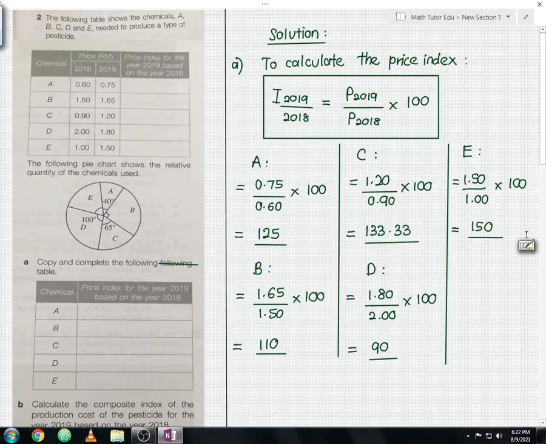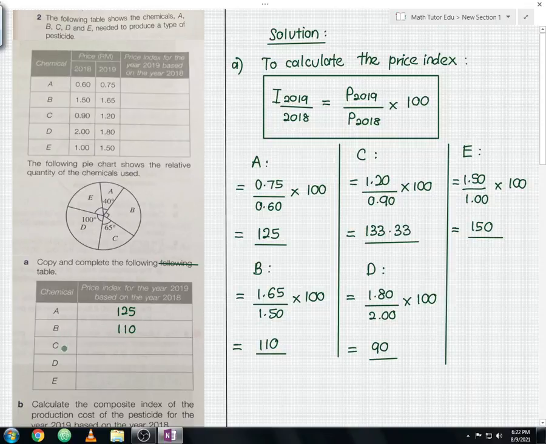Okay, so we have already found all the price indices for the respective chemicals. Now what we're going to do is write down all the price indices in the table over here. Begin with chemical A, where you have the price index 125, followed by chemical B, 110.